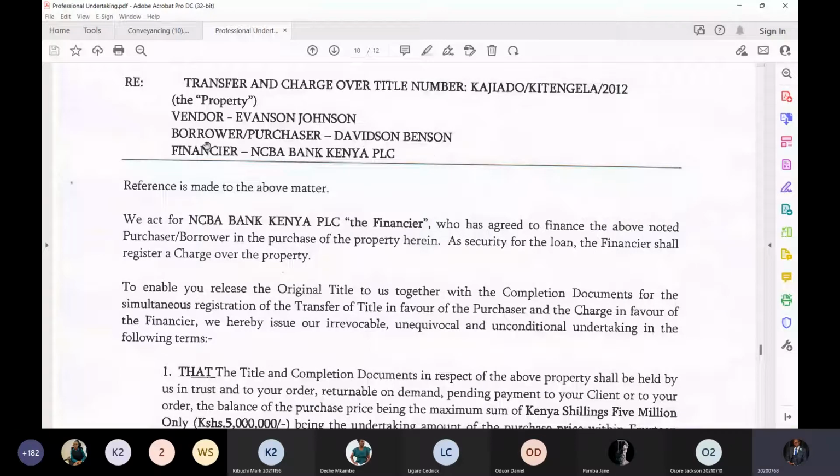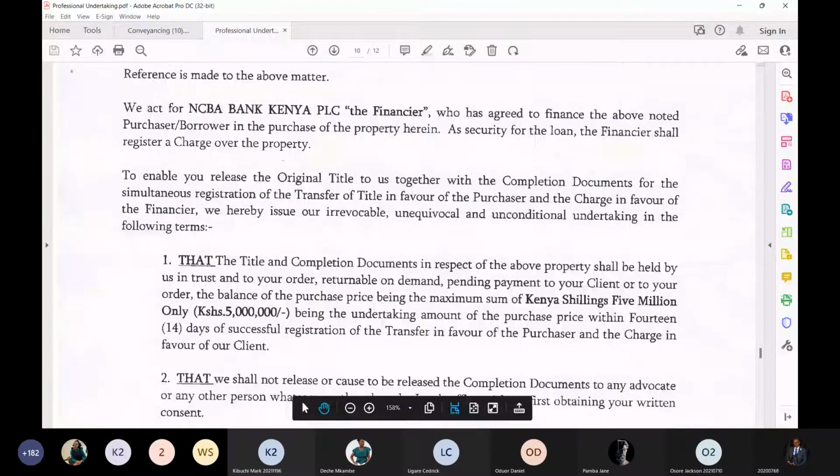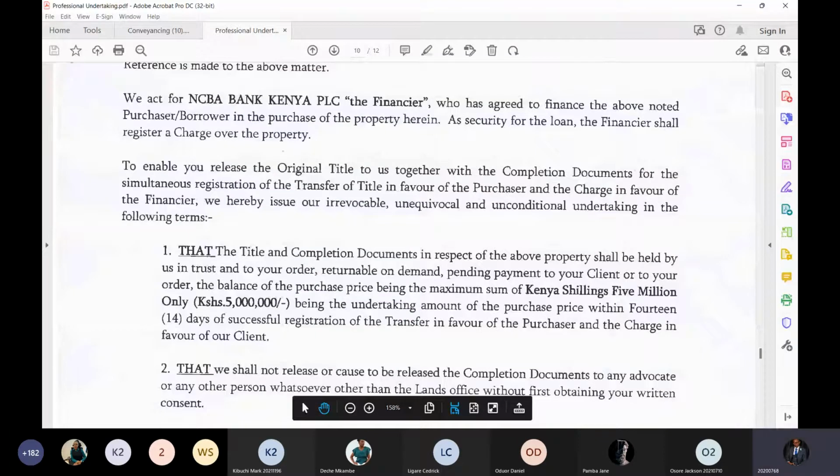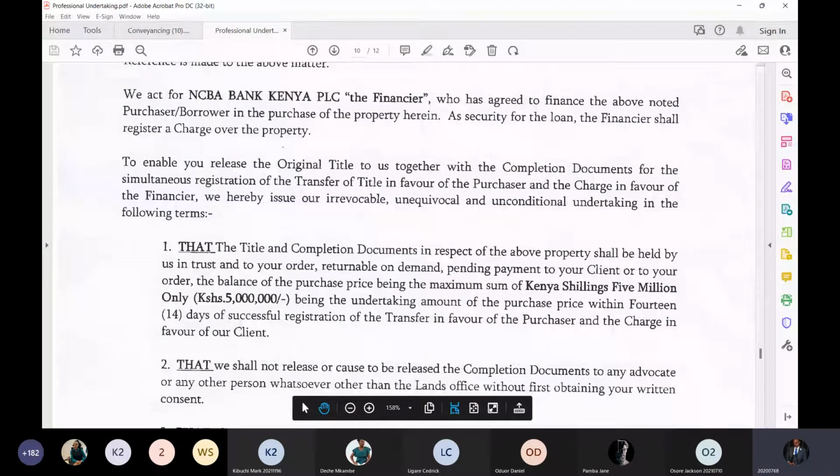So in this circumstance, Clyde Bank will issue this undertaking saying what? That you release the documents to us. After you have released the documents to us, we will hold those documents in trust until the successful registration of the transfer in favor of the purchaser and the charge in favor of the bank, the client of the bank.